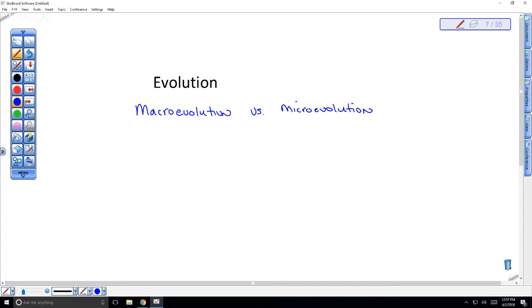The difference between micro and macro is that macroevolution is the evolution of new groups. So this would be the evolution of new species or major groups. Okay.